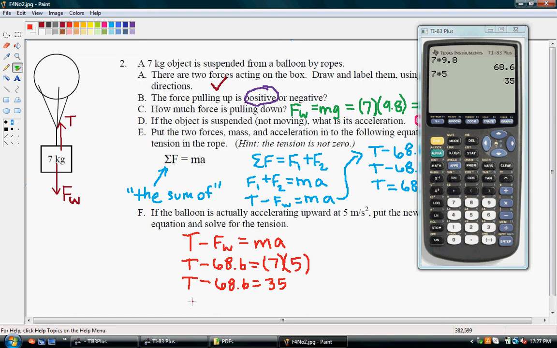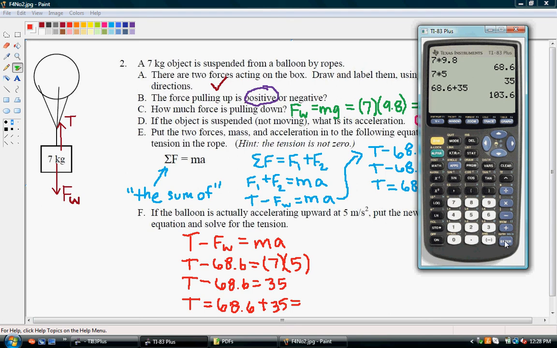Now if we want tension by itself, we're trying to solve for tension, we add 68.6 to both sides. 68.6 plus 35 equals 103.6.